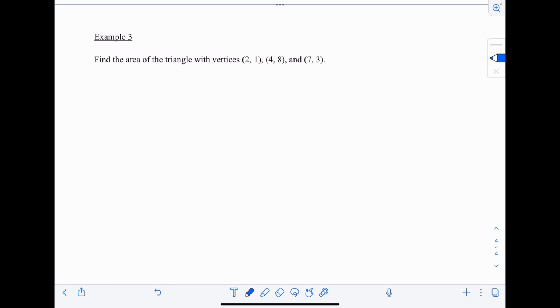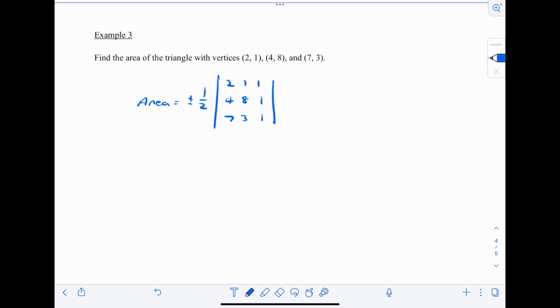So find the area of a triangle with vertices (2, 1), (4, 8), and (7, 3). So very simply, the area is again plus or minus 1/2 times the determinant of 2, 1, 1, 4, 8, 1, and 7, 3, 1. All right, I'm just going to burn through this. I'm not going to try to get a 0 in there. I'm just going to take that last column.